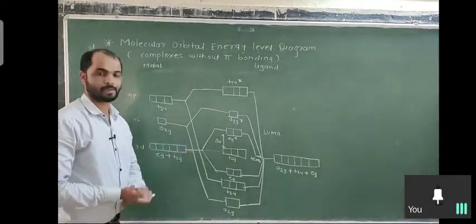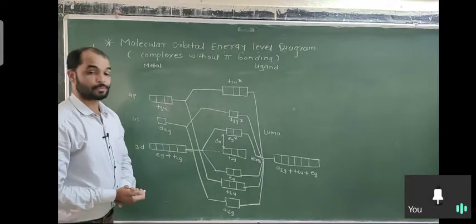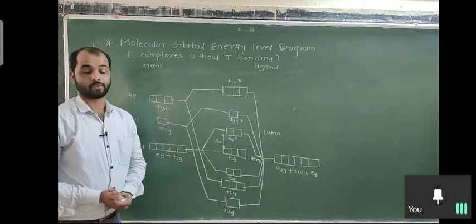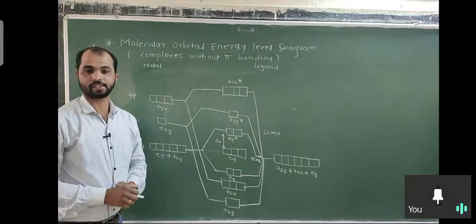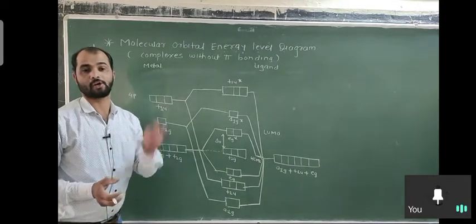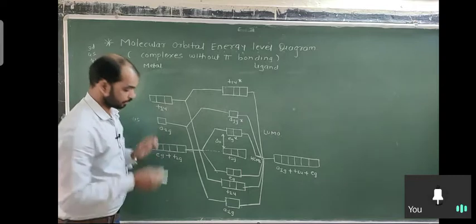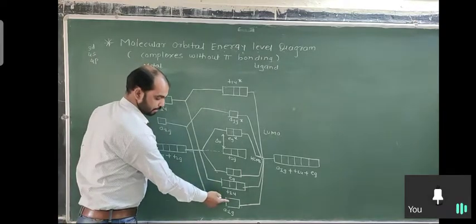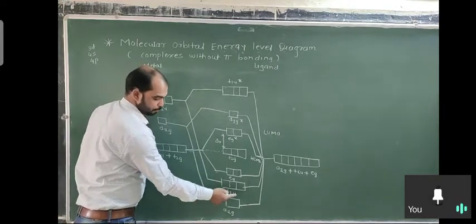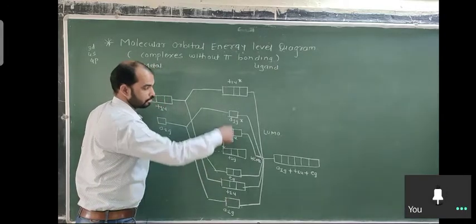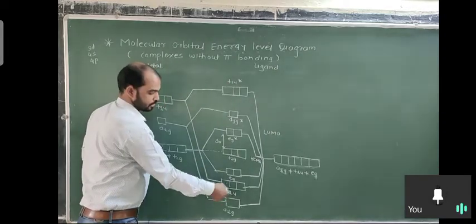Using that diagram, we can distribute electrons in it, and when we fill the electrons, we apply all the above principles. That means we start filling the molecular orbitals from bottom to top, which is the increasing order.